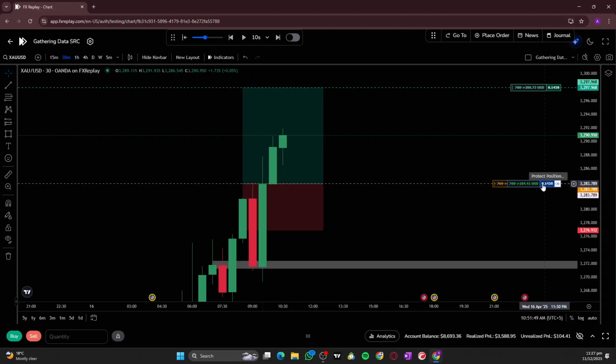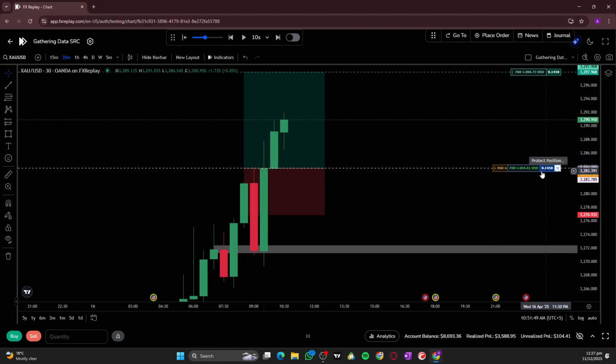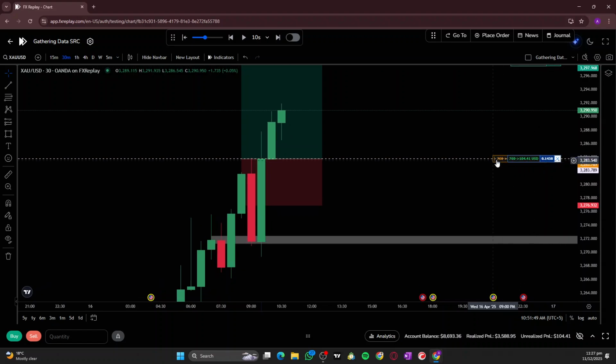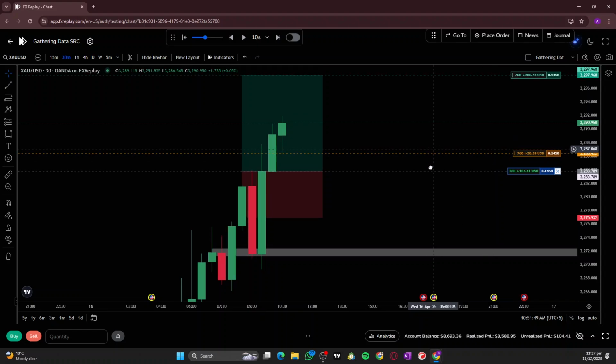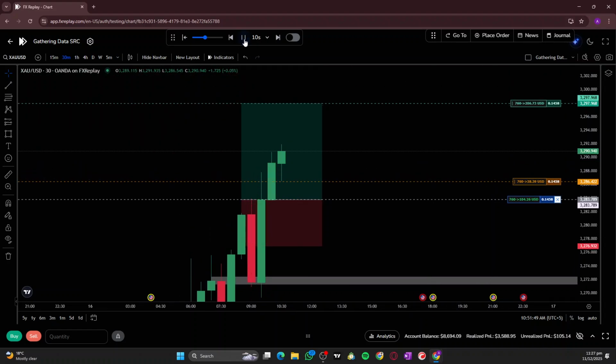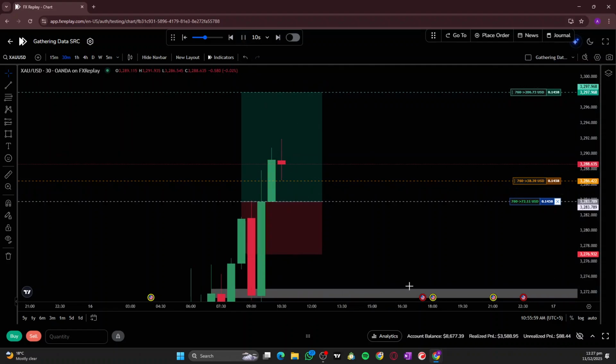Now, I think if this price has to move up, then it has to respect this low. Yeah, if it has to move up to my target.